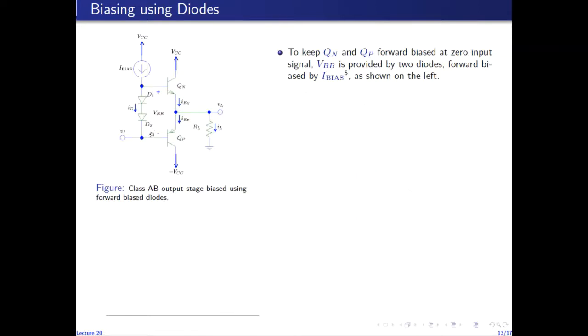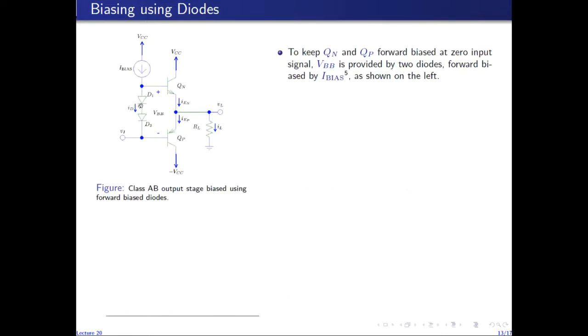These diodes D1 and D2 need to be forward biased, because this VBB voltage must equal about 1 volt or so, that it is divided equally between the base-emitter and emitter-base junction of Q1 and QP respectively in the quiescent state to keep them conducting.